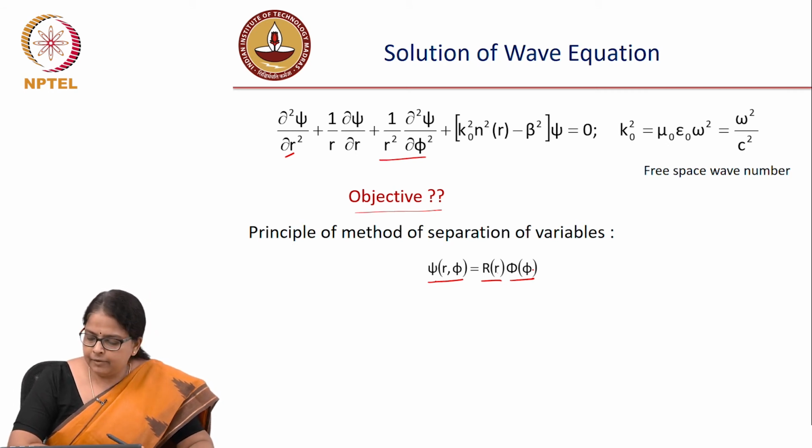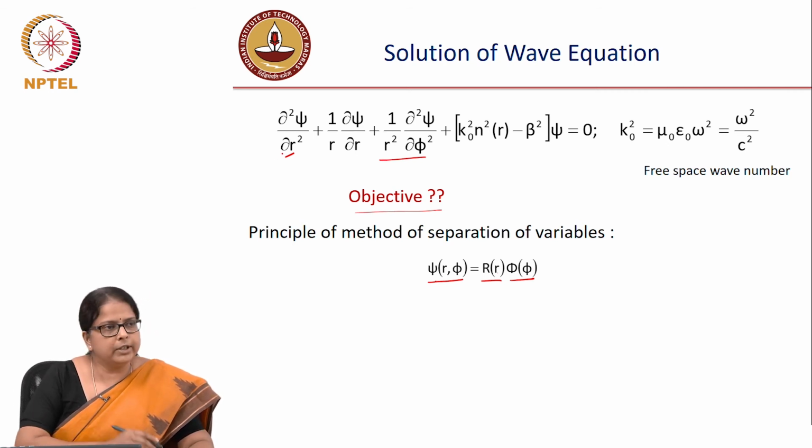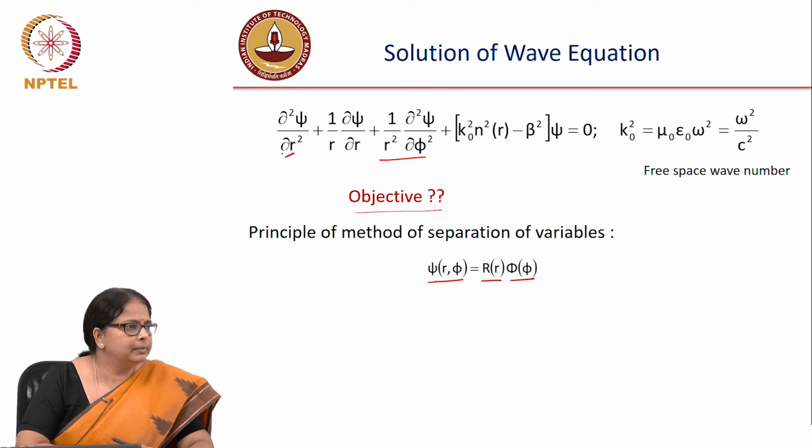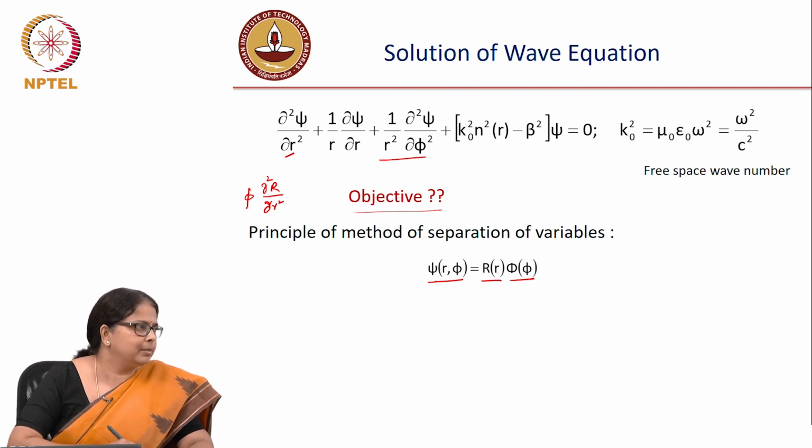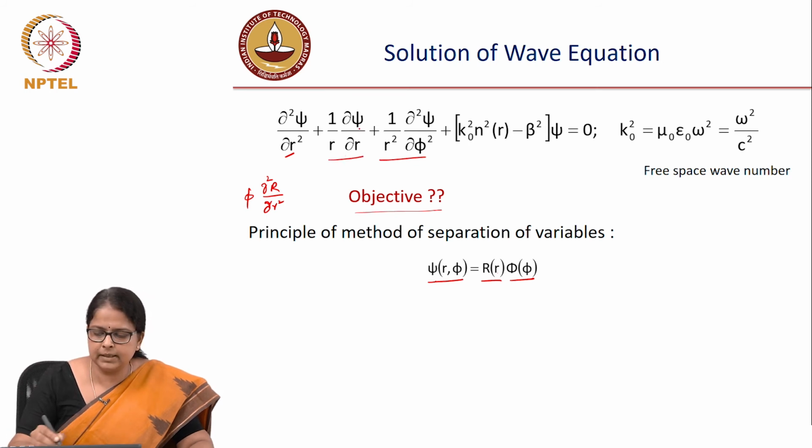Okay. If I do that, how would this equation get modified? What will I have? ∂²ψ/∂r² will become ∂²R/∂r² times Φ, but while doing this differentiation I should take φ as a constant. Will I get Φ squared? No, it is just a scalar multiple. Similarly, when I do this, I will again have Φ outside and this will be ∂R/∂r.